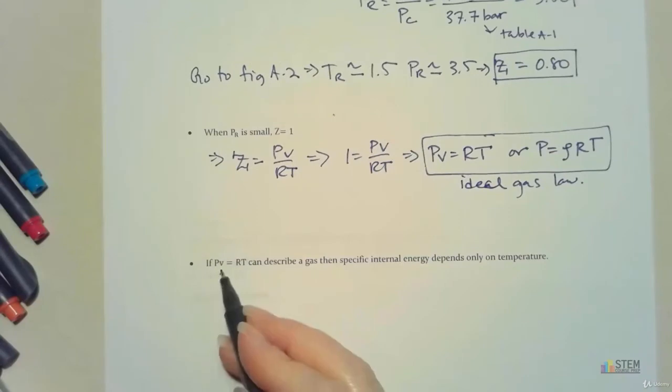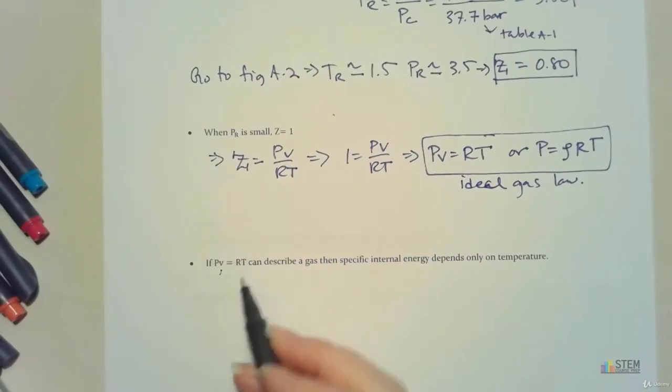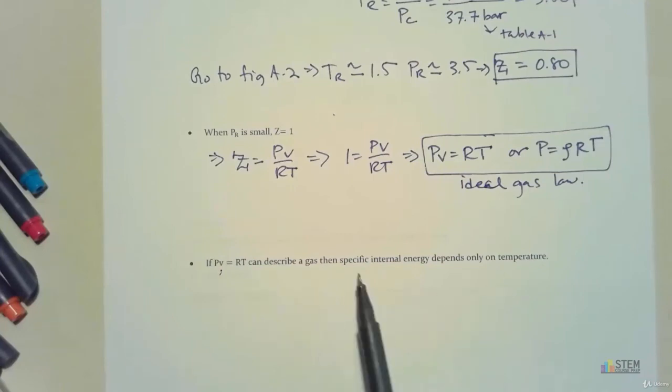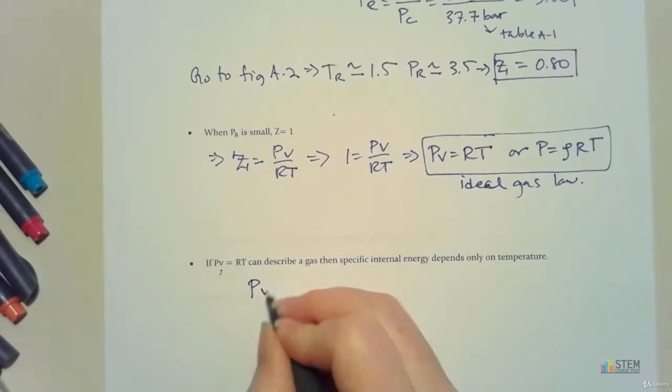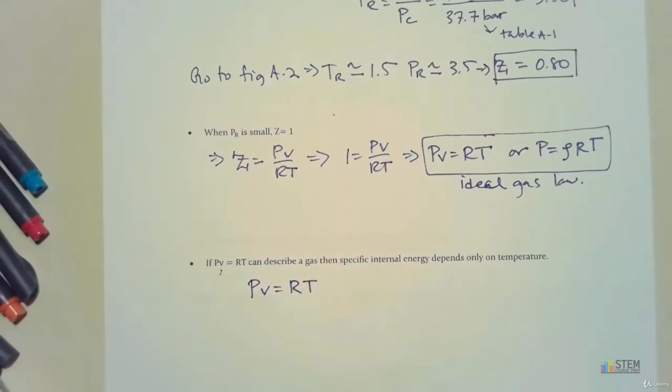If PV equals RT, if this equation here can describe a gas, then the specific internal energy depends only on the temperature. And this is going to give us our ideal gas model. So we're going to have PV equals RT.